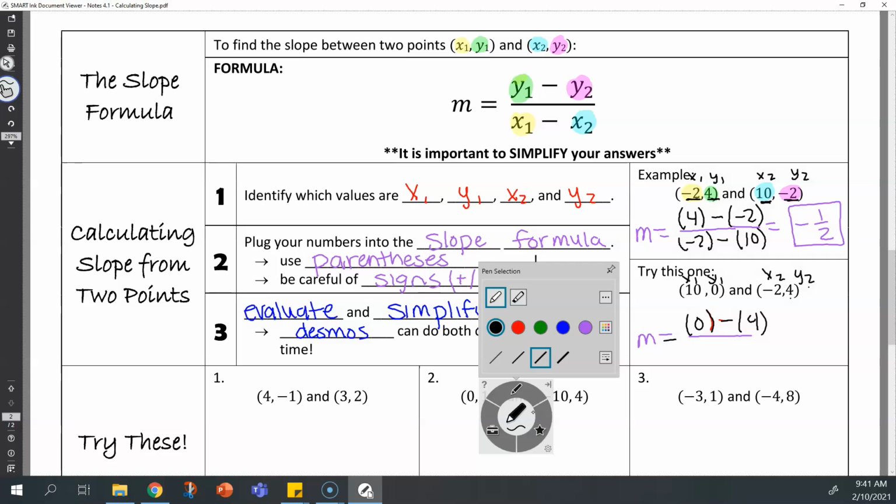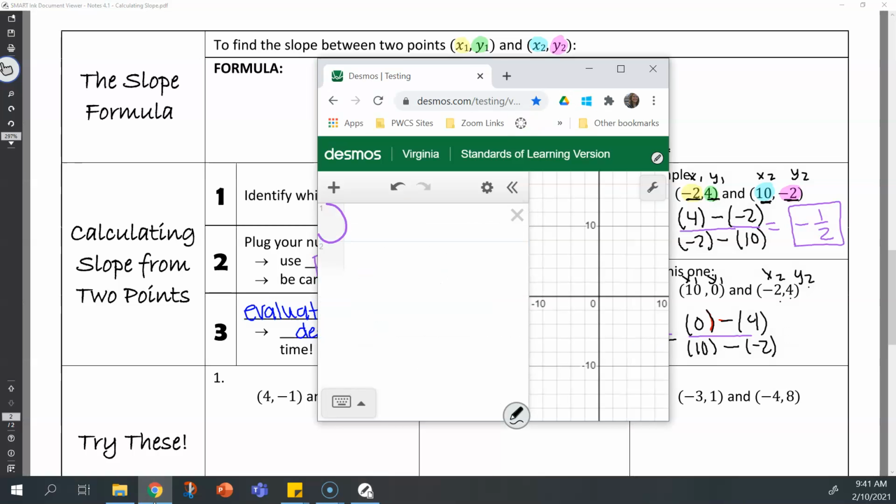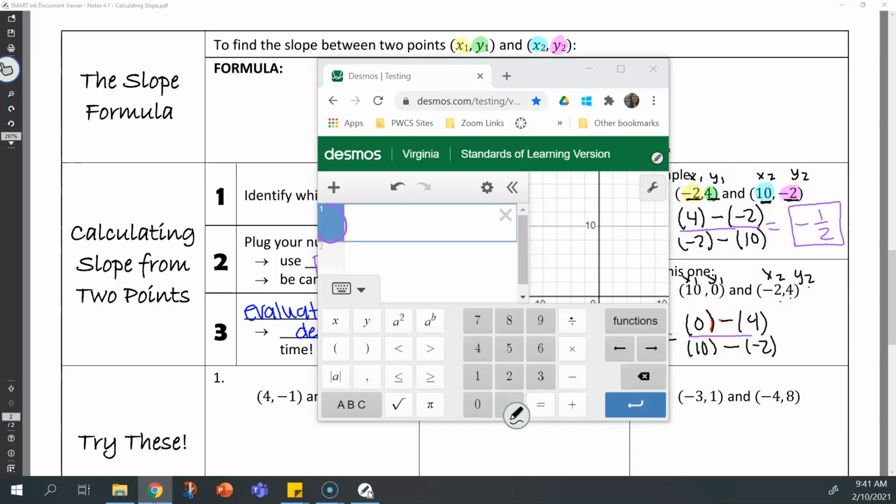Again, I plug that in with parentheses. On the bottom, I have x1 minus x2. x1 here is 10. I plug that in with parentheses. Minus x2 is negative 2. Again, plug that in with parentheses. Okay. Once I've done this part, all I have to do is type it in Desmos. I open my fraction by pressing the division sign first.